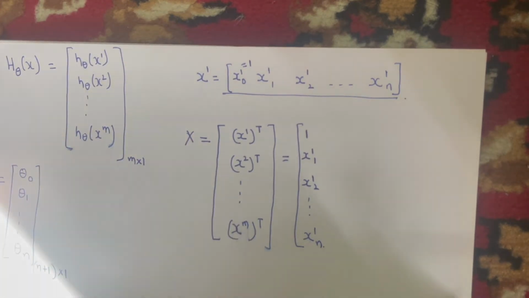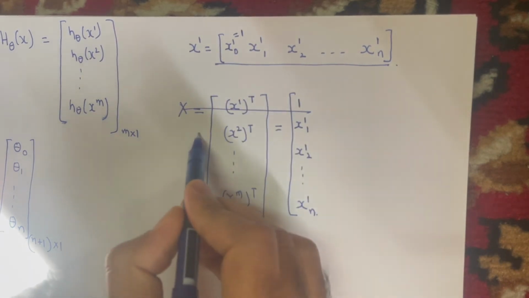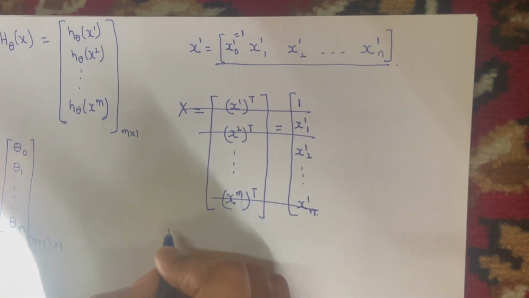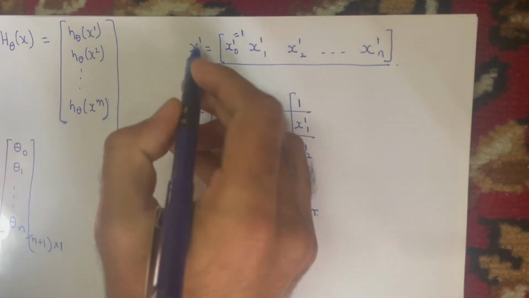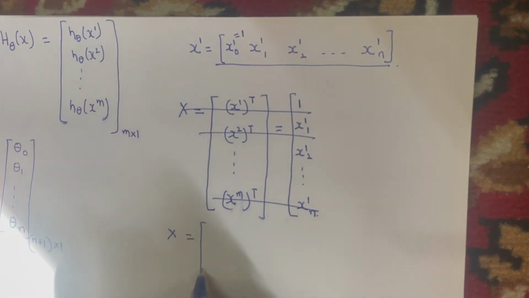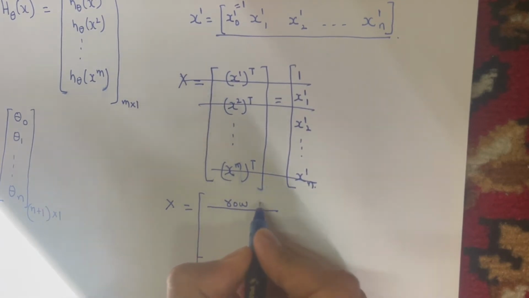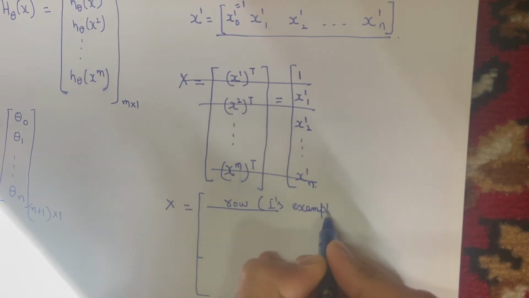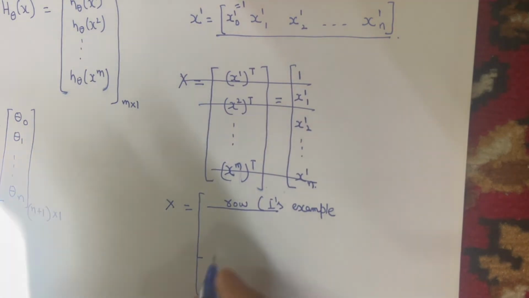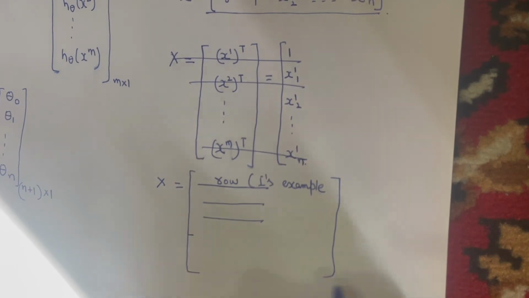Or some people can also do it this way; let me rewrite it again. We can have X equal to, we can put these x's in this particular matrix. The first row will contain the input of the first example, the second row will be the second example, the third row will be the third example. So let me write it again here.